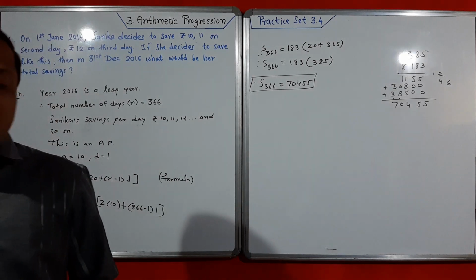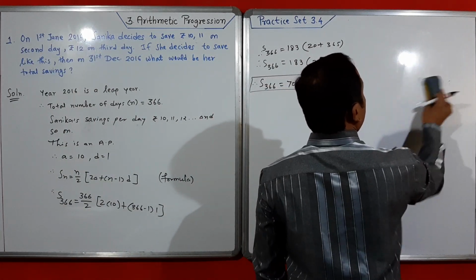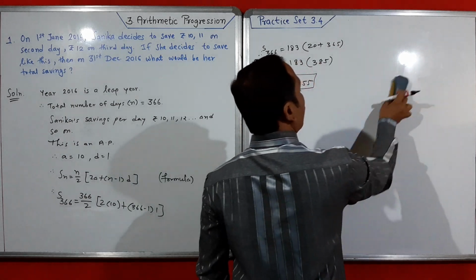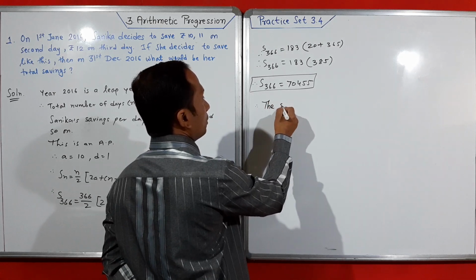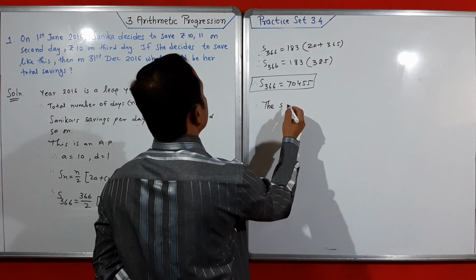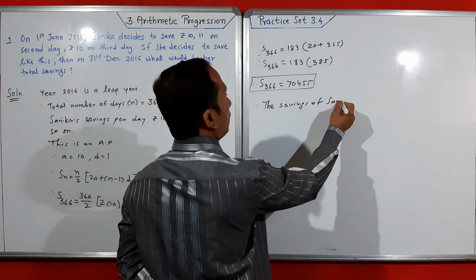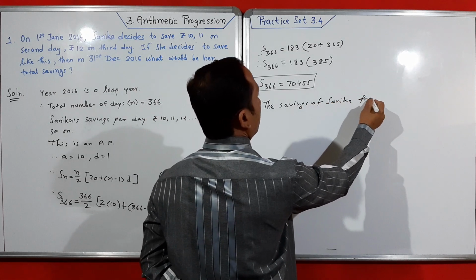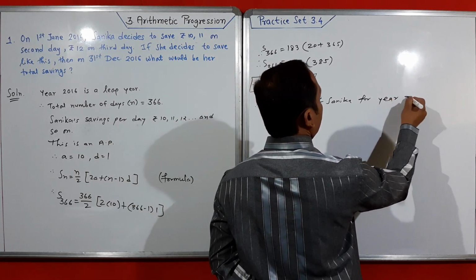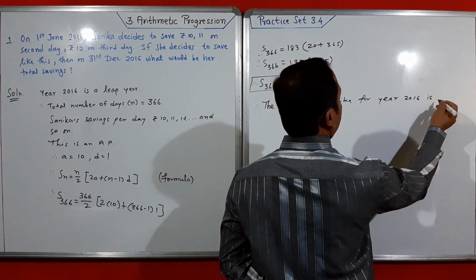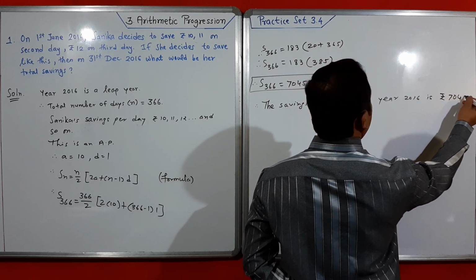First I will erase the rough work from this board so that you can do it on your rough page. The savings of Sanika for the year 2016 is rupees 70,455.